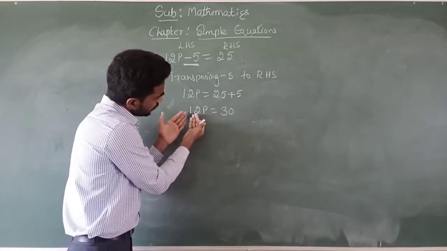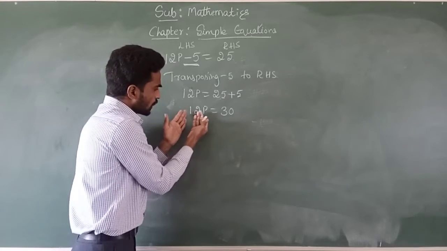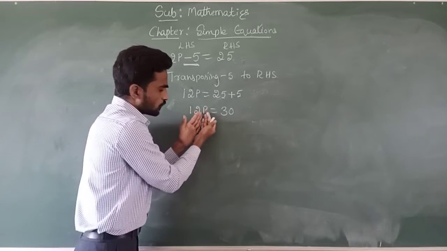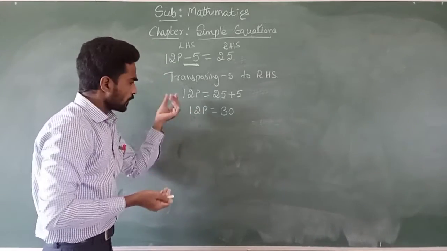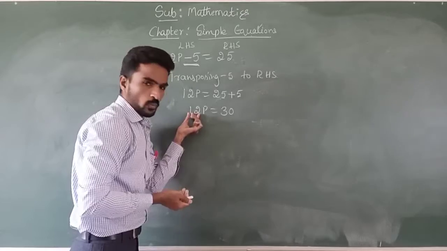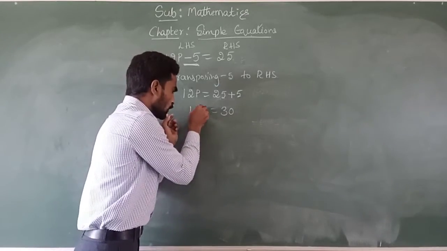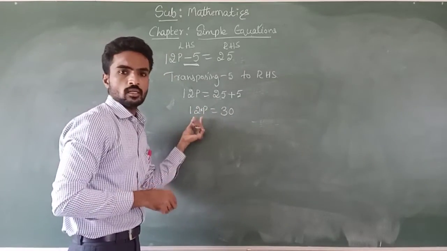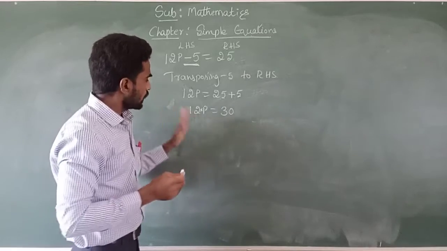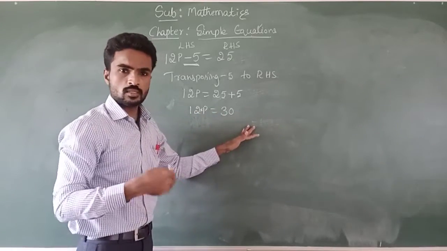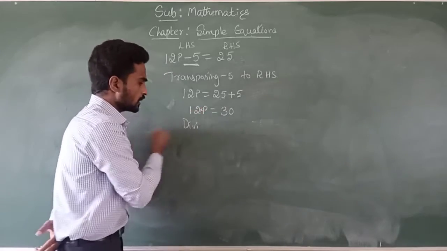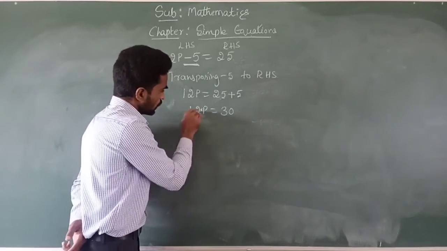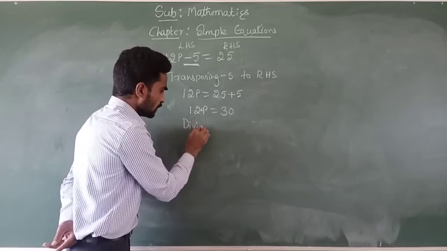We already know that p is the variable and 12 is the coefficient of that variable p, equal to 30. To cancel this 12, since multiplication is there between 12 and p, we can divide by 12 on both sides. We already proved this same method in the previous problem.